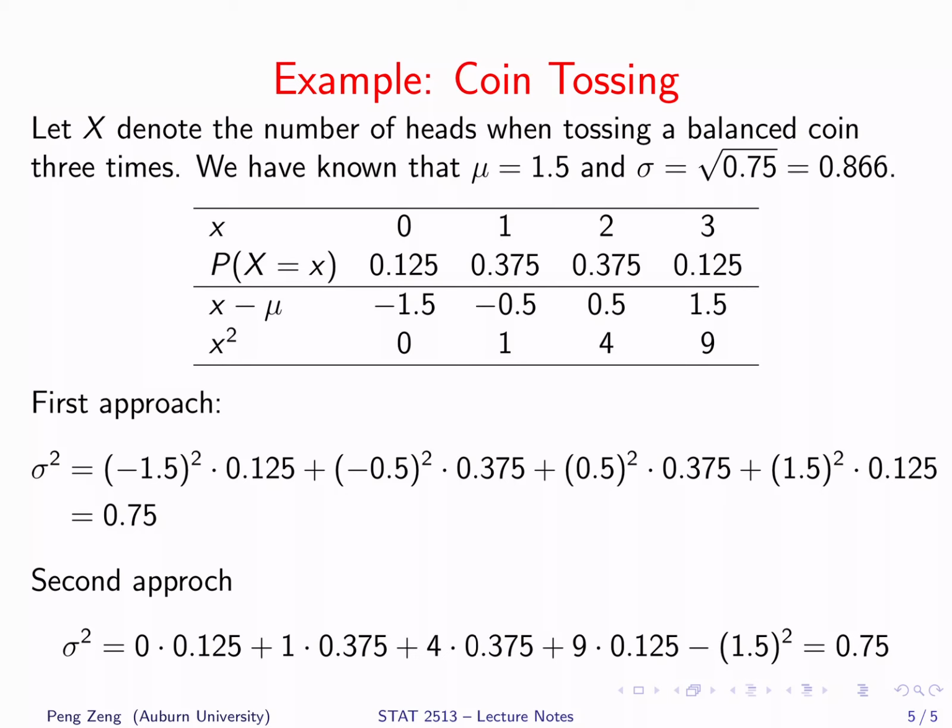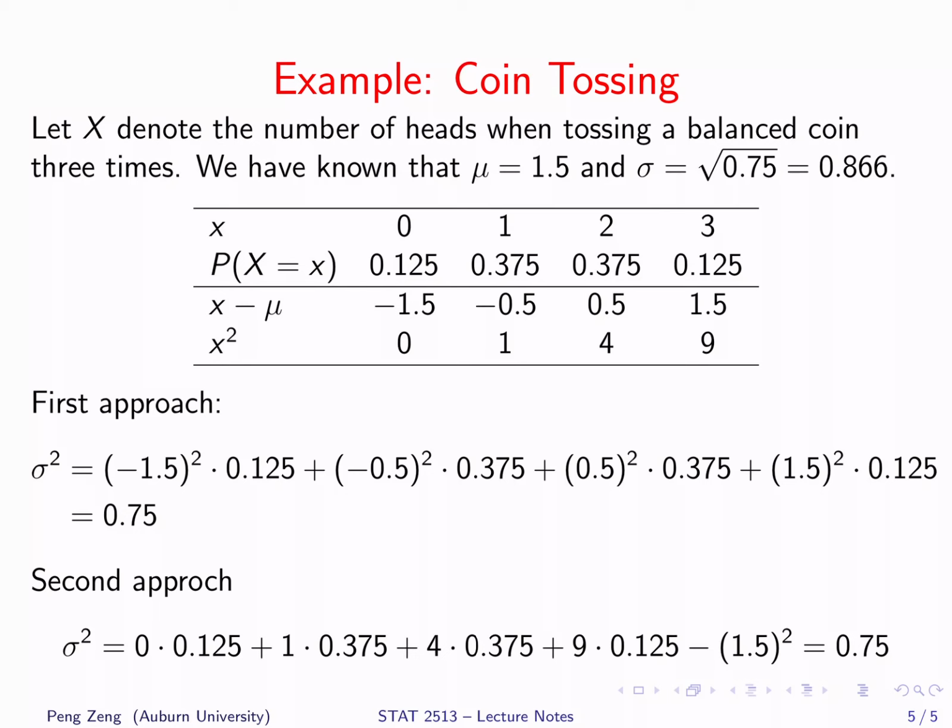Let x be the number of heads when tossing a balanced coin 3 times. We have already calculated that the mean of x is 1.5. Using the first formula to calculate the variance, we need to first calculate the deviation from the mean for each possible value of x. Notice that x has 4 possible values.